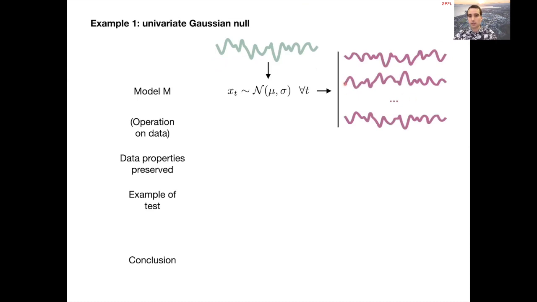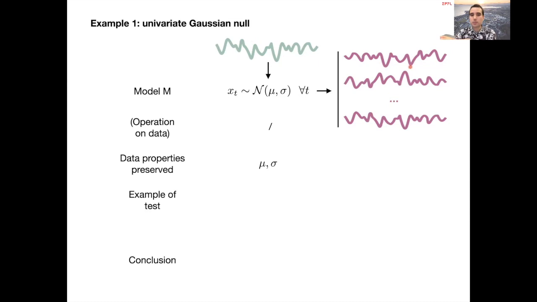So in the surrogate data, each time point has been generated separately. In the original data, there might be connection between successive time points, but here there is no autocorrelation in the data. Okay, so you will see later why I have kept a line for operation on data, but the important point here is to understand what original data properties have been preserved under this null.